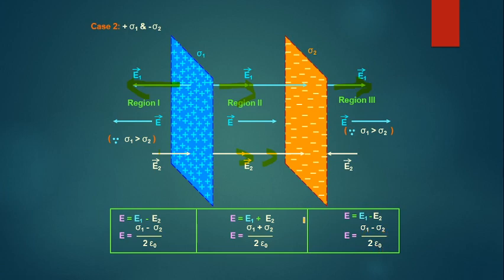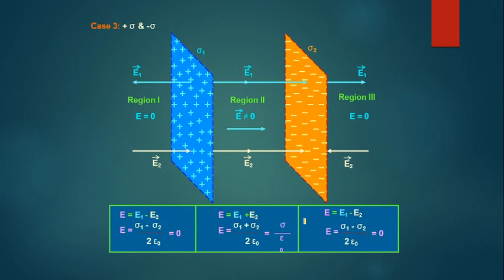One more case: if sigma 1 is a positively charged thin sheet and the other is negatively charged, but in this case the charge densities are equal, one with positive surface charge density sigma 1 and the other with minus sigma 2.